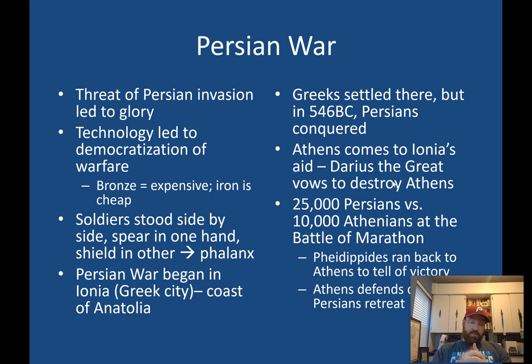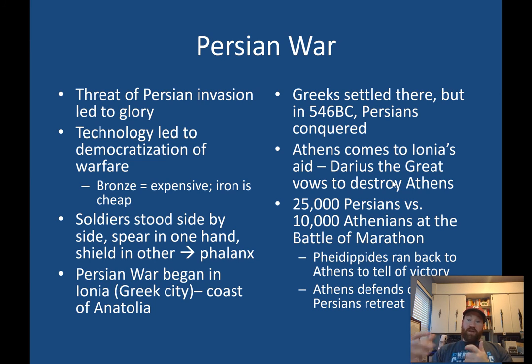So he sends a pretty large army, right? 25,000 Persians versus 10,000 Athenians. So they're outnumbered 2-1 at the Battle of Marathon. This is a battle site that is approximately, this will be a shock, about 26 miles away from Athens.